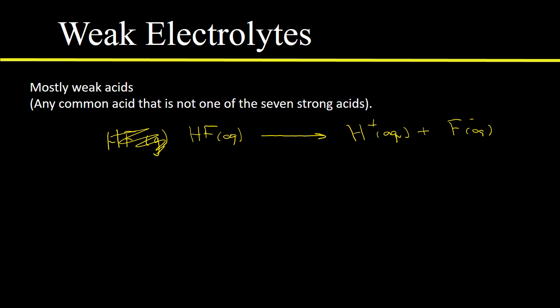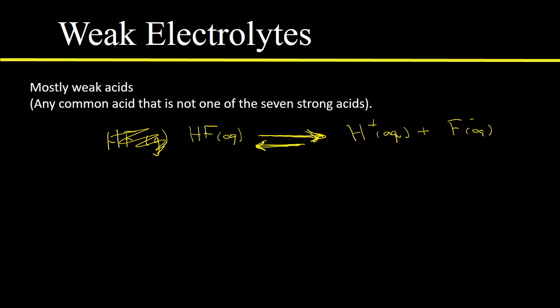But the difference is in a weak electrolyte, when it dissolves in water and breaks apart into ions, those two ions rapidly recombine to reform the original acid. So you've actually got two processes happening at the same time. You've got this happening where the HF breaks apart to form ions, just like a regular electrolyte, but you've also got the recombination reaction going to reform the original molecule.